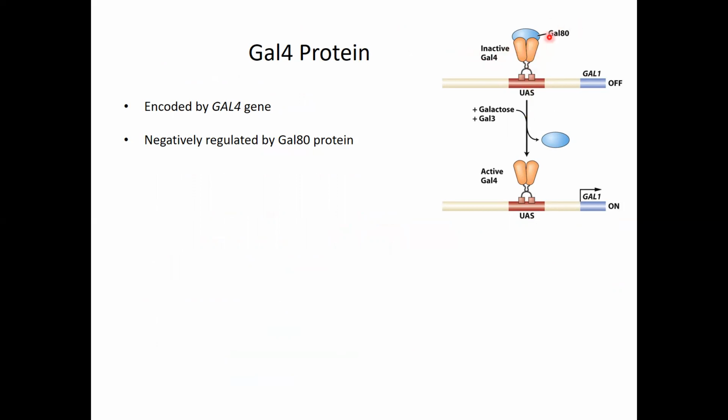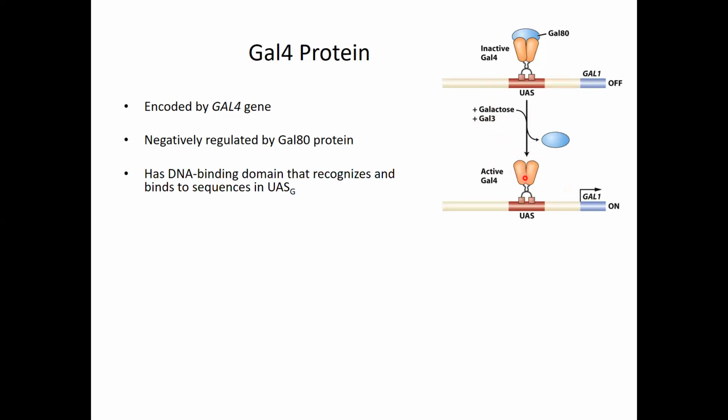And then GAL80 is coming in, keeping it inactive. But then when galactose comes in, GAL80 is like, oh no, this is trouble. I'm leaving. Bye-bye. And then it starts activating the GAL4.